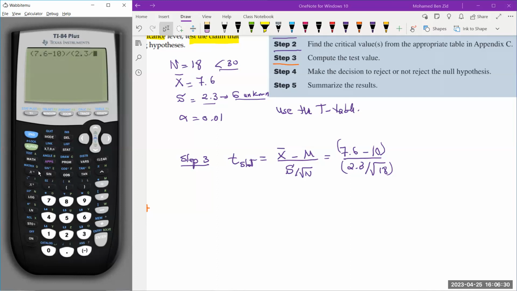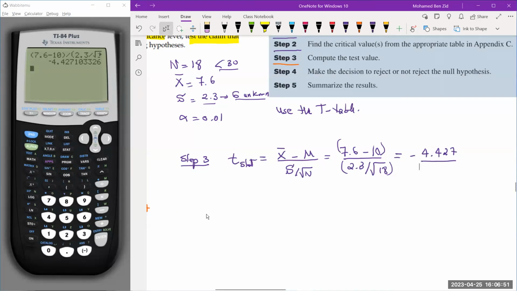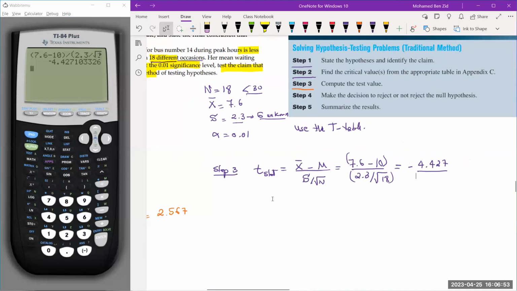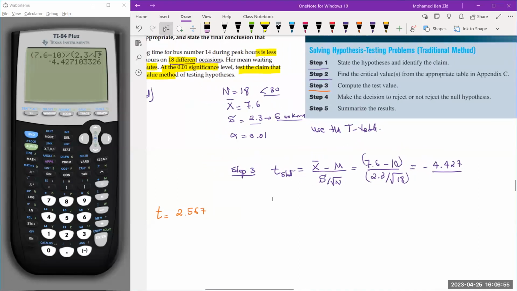And divide by square root of 18. Okay, I get the value of minus 4.427. All right. So now, oh, I didn't use the p-value method, but anyways, let me finish this.